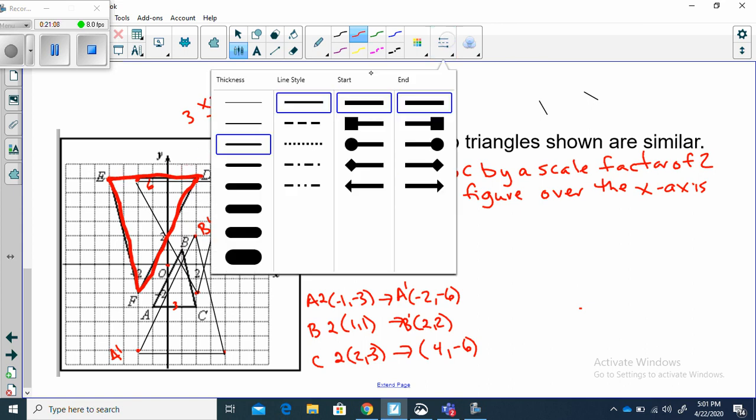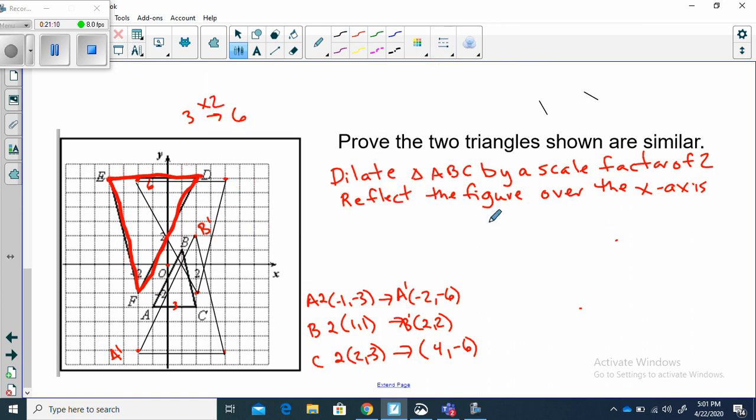Let me write this down, what we actually did. The last step is that we reflected it. Reflect the figure over the y-axis. What did I do? I started with this figure here. I dilated it. If I dilate it, I'm proving that the two are similar.